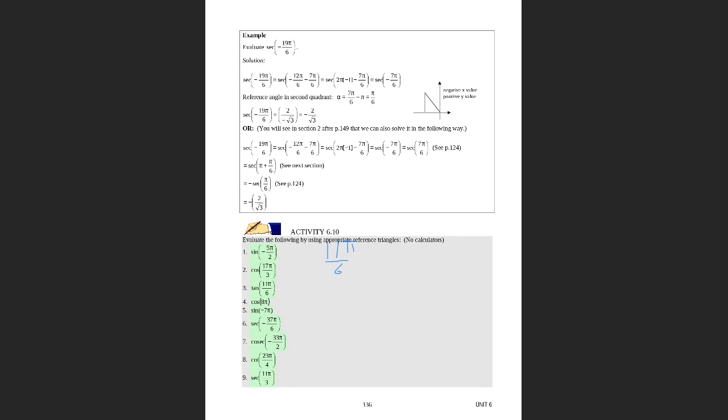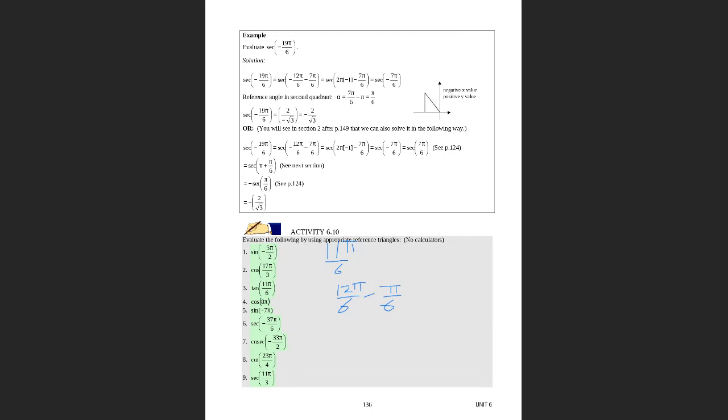So here we can write it this way. We can write it 12 pi over 6 minus pi over 6.